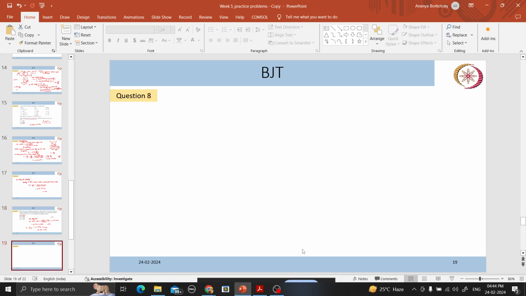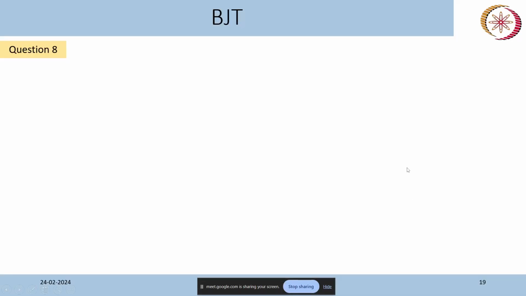Okay, I have 3 more questions. Let's go through them quickly. Let me write a question here. An NPN transistor is operating in the active region, that means forward active region.